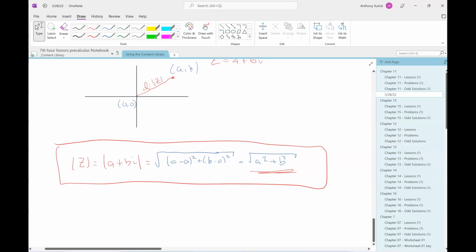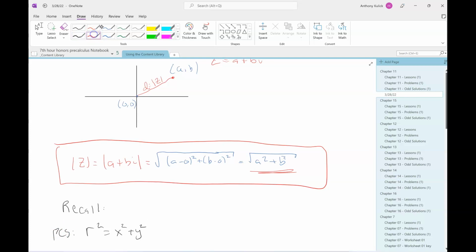Think back to last chapter. What does this kind of look like? You know, in the polar coordinate system, r squared was x squared plus y squared, right?